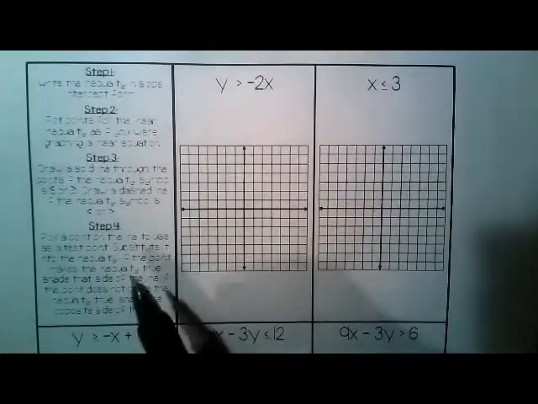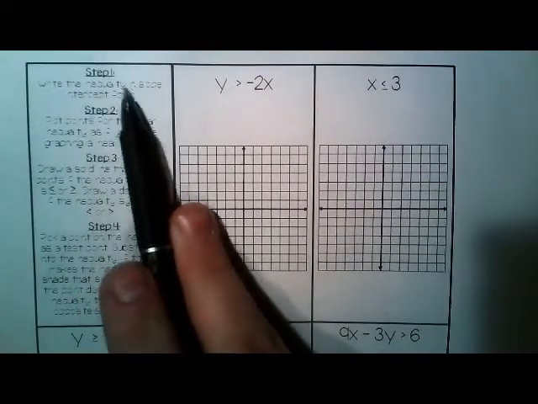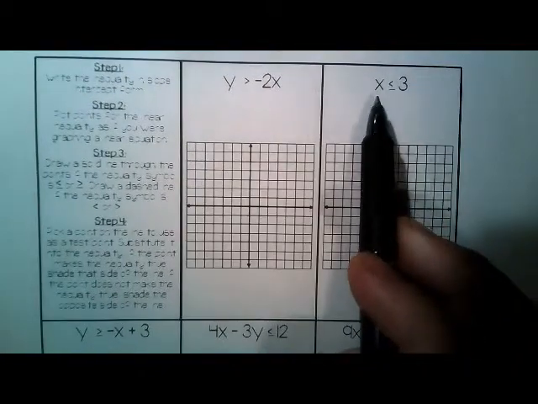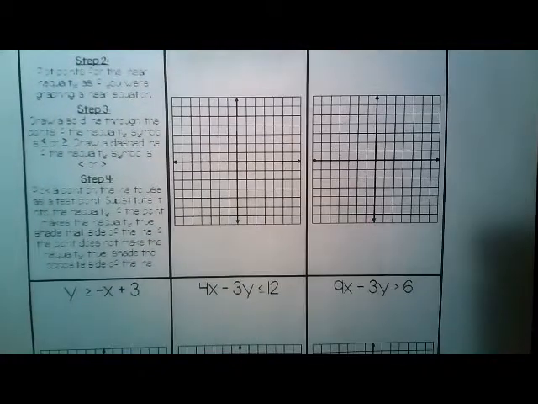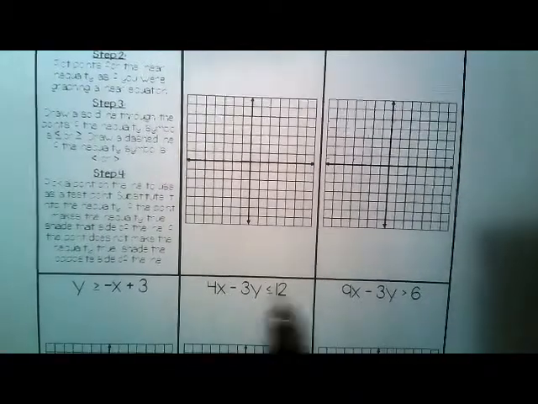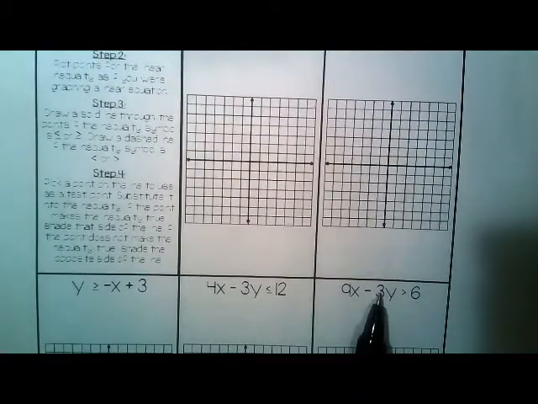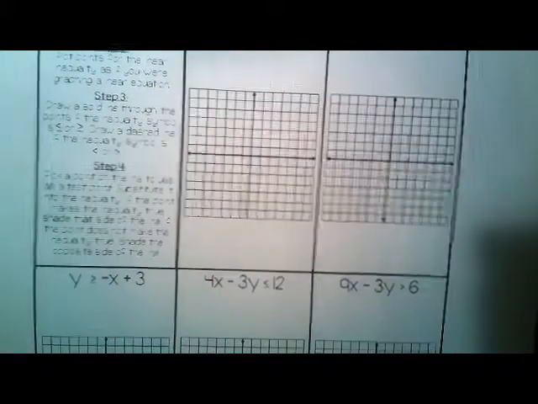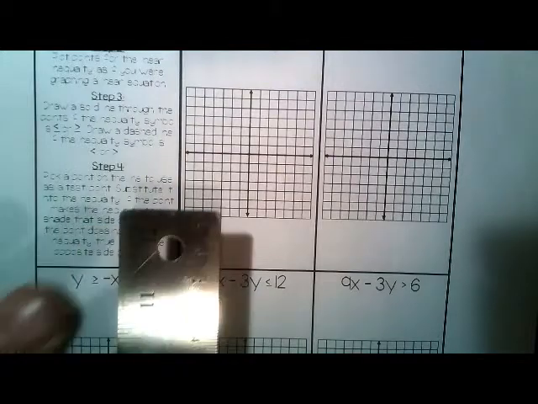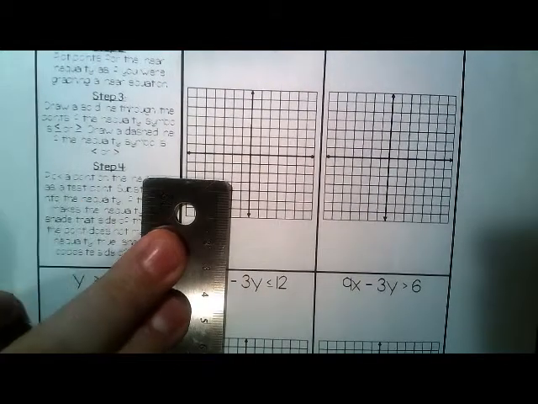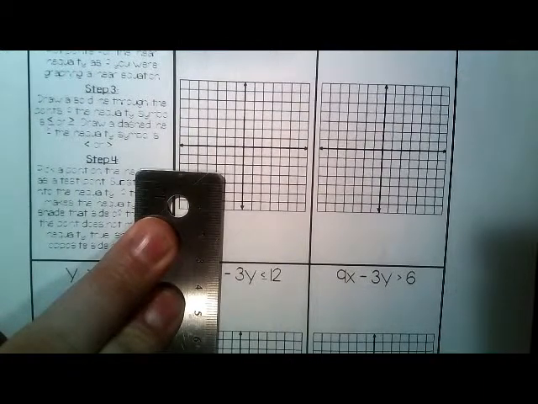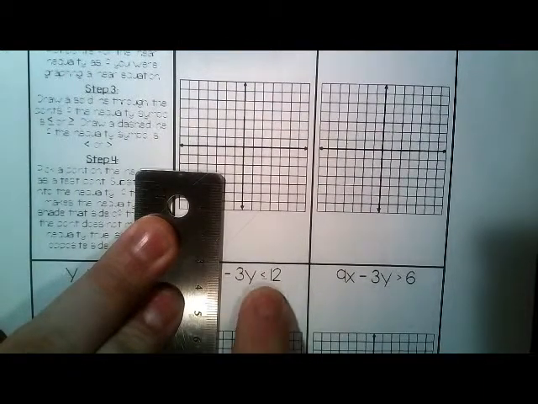The first step is to make sure that the equation is written in slope-intercept form. So this one's good, this one's good. These bottom ones are in standard form, so we have to convert them. The reason we don't graph them in standard form, where you could find the intercepts, is because if you have negative 3y is less than or equal to 12, when you divide by negative 3, you're going to have to flip this.